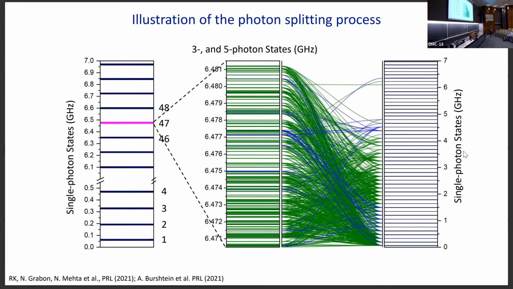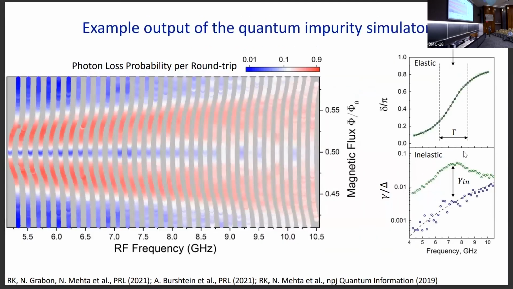And if you just zoom in within the line width of the mode 47, you will see that there is an almost continuum spectrum of multi-photon states, which are 3 or 5 photon states. And these states are formed by more or less all other states in the system. So what happens in this situation is that you place a photon in mode 47, and it goes to 3 or 5 other states, and then those photons will go again to 3 or 5 photon states, and then actually a photon is lost.